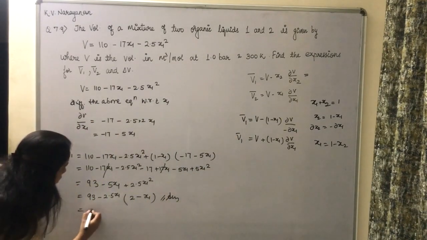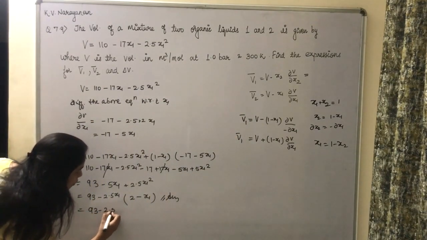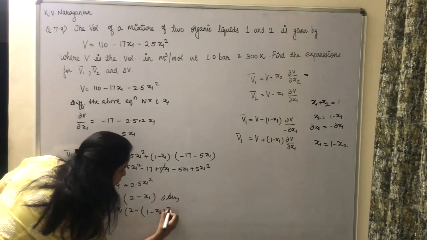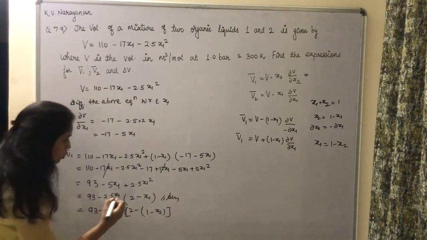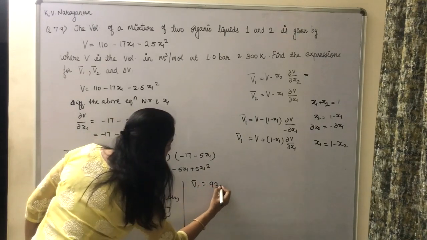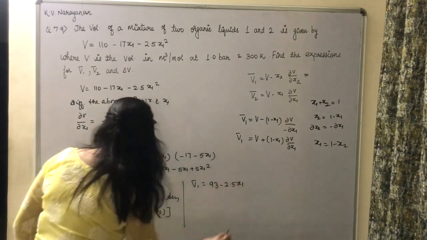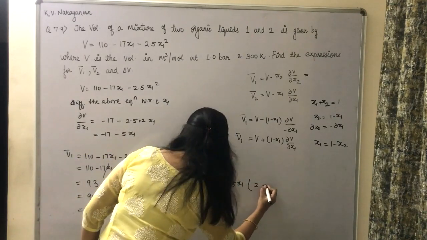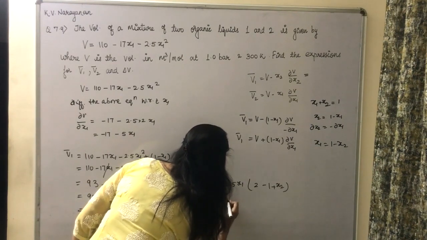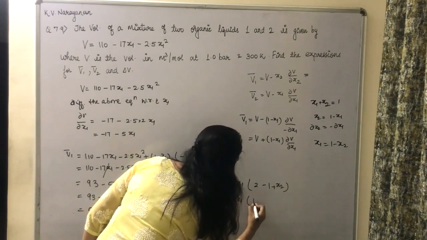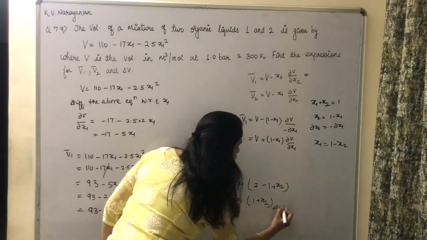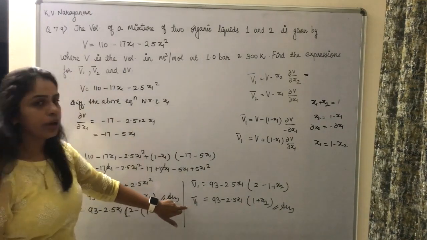Just substitute over here: 93 - 2.5 x1 (2 - (1 - x2)). So V1 bar = 93 - 2.5 x1 (1 + x2). This is V1 bar, the first expression for the partial molar volume of component 1.